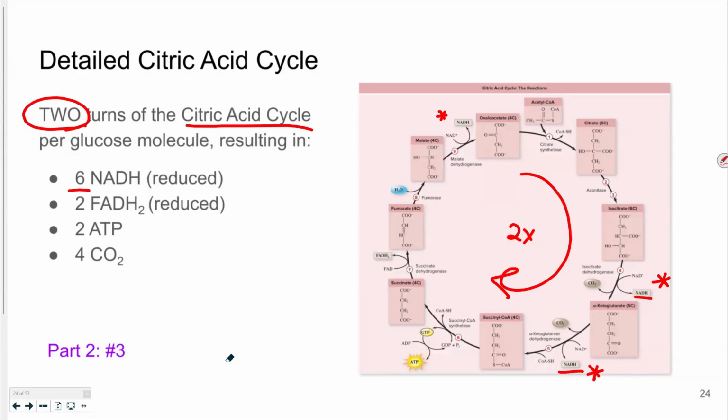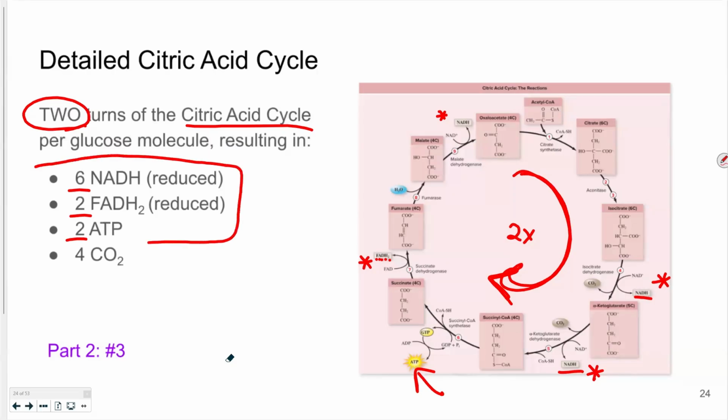We also get another electron carrier, FADH2. Because we do this twice, that gives us 2 of those. We end up with 2 ATP molecules. These are our energies.